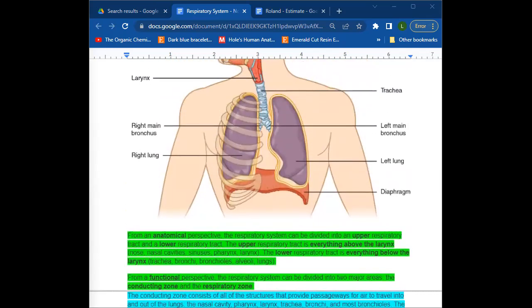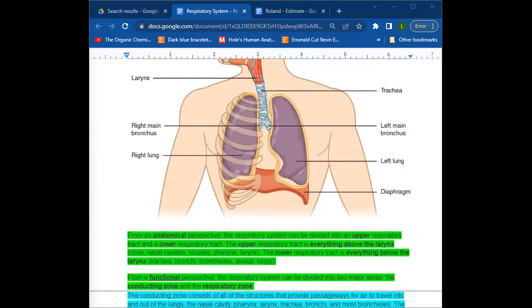We need to know that the respiratory system can be divided several different ways. It can be divided anatomically, or it can be divided functionally. Anatomically, it's divided into an upper respiratory tract, and then it's also divided into a lower respiratory tract.